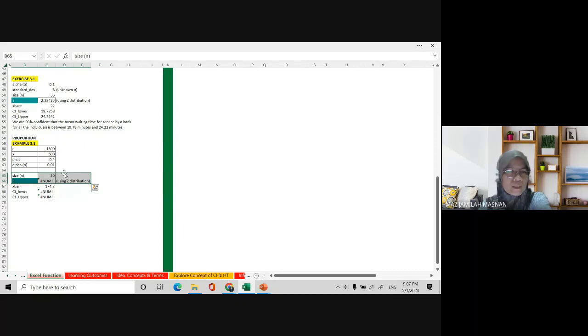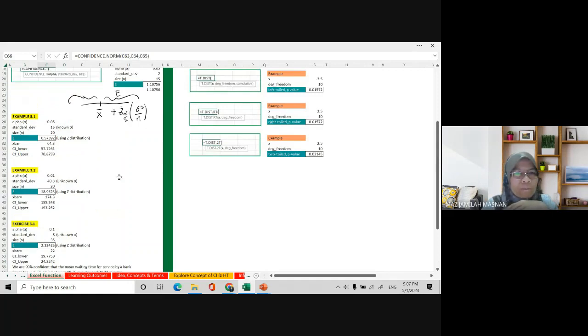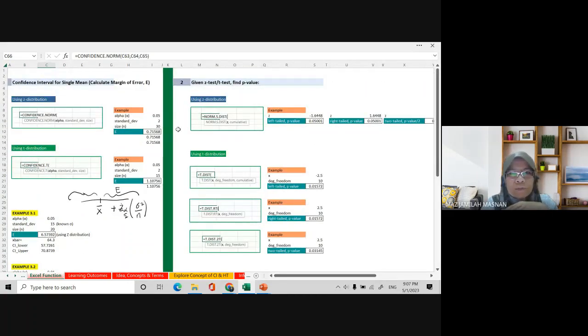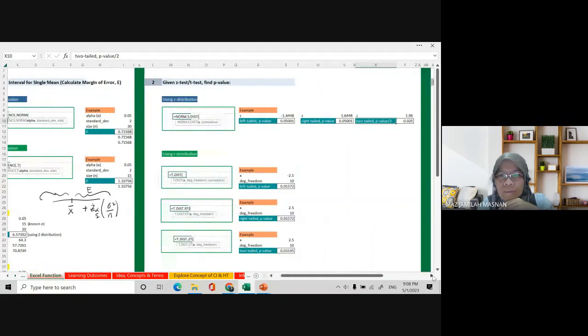Let's say in order to find the Z, you are still using the same formula. It's just that you now need to find the Z. Hold on, the Z distribution. Find the Z test, Z alpha.